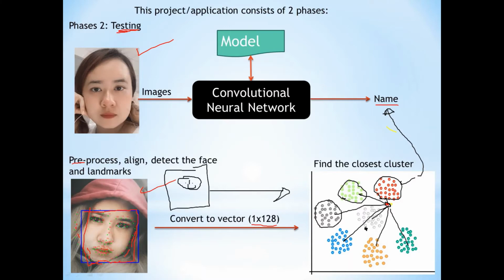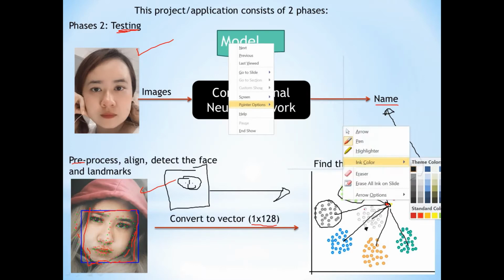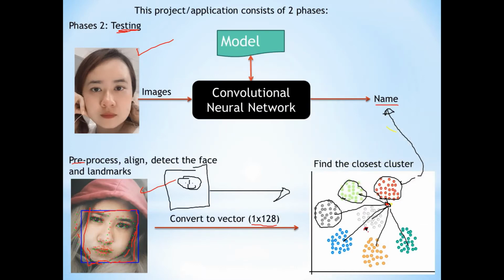And again, when we calculate the distance of this picture to all the other clusters in the model, we will find that this cluster is the closest to the vector which represents this image.